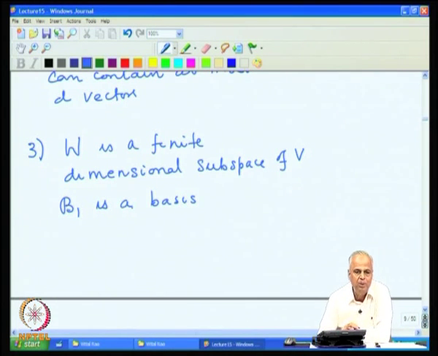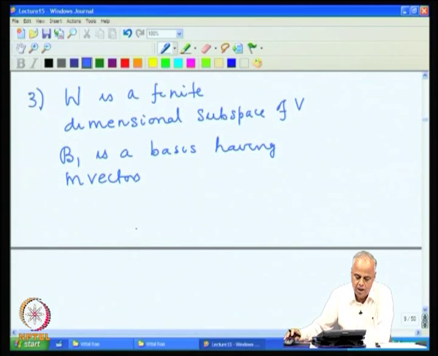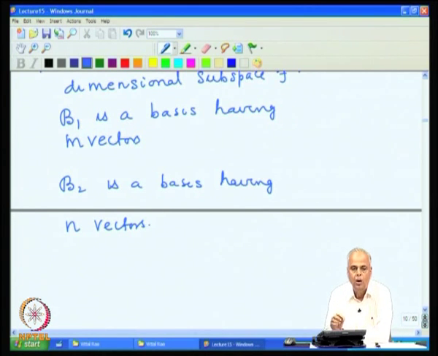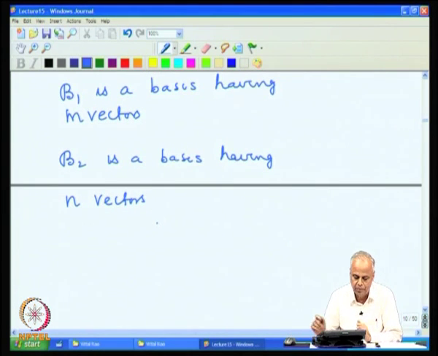So, the moment I say B1 is a basis, it must have a finite number of vectors. Say it has m vectors, and suppose B2 is a basis that can also have only a finite number of vectors. Suppose it has n vectors. So, suppose I have two bases for the subspace, one of them has m vectors and the other one has n vectors. Now, let us look at this basis B1.